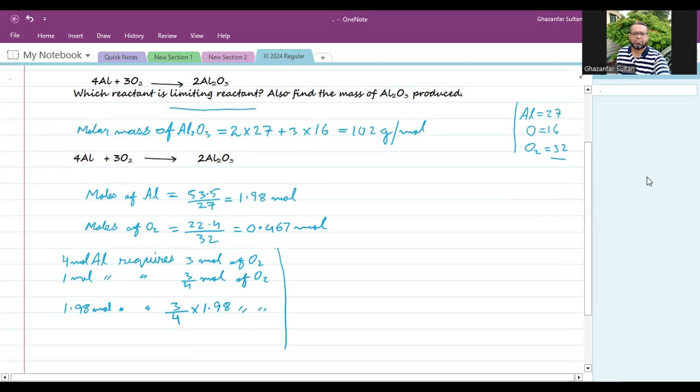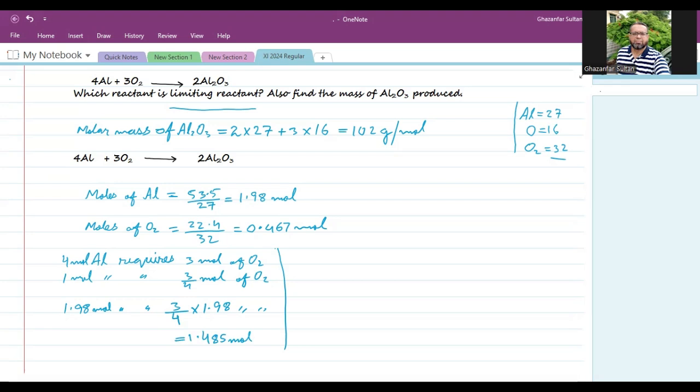Calculate it, use your calculator. Here we found it is 1.485 moles. And how many moles are given here?